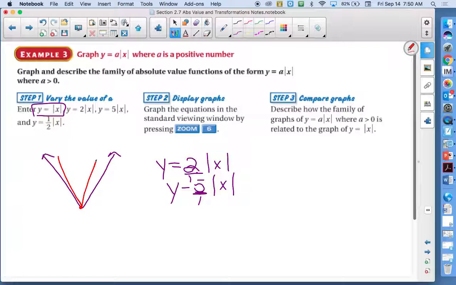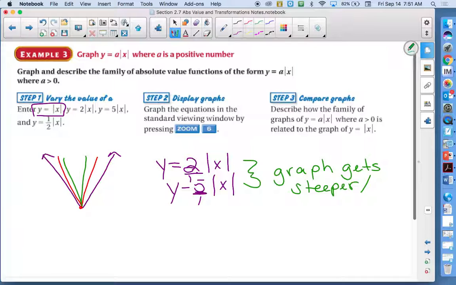They start at the same point. But if the number in front is bigger than 1, we say the graph gets steeper because the slope is getting steeper. So these make the graph steeper. Or you could say maybe more narrow.